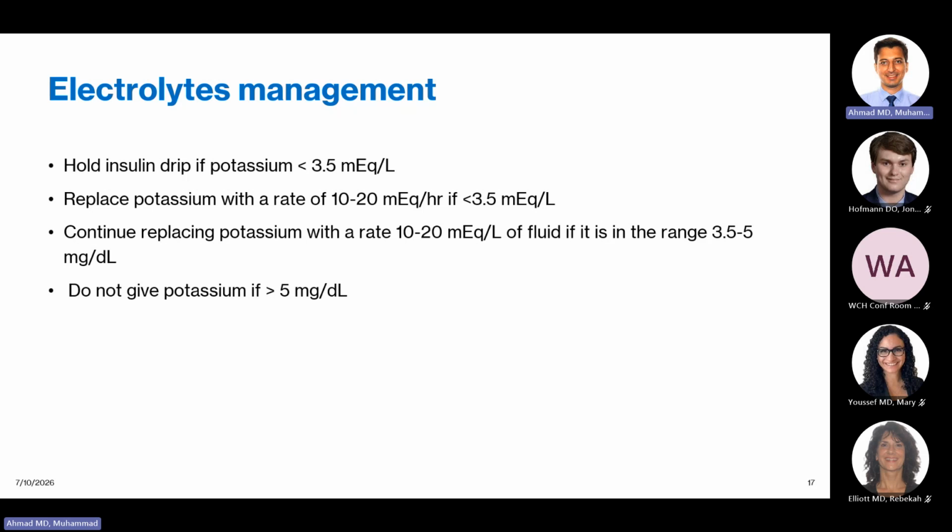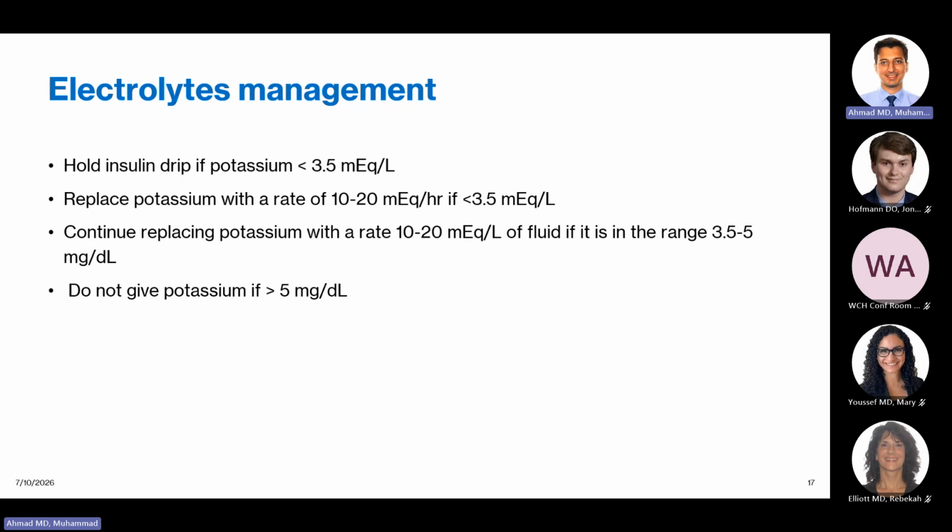We have to hold the insulin drip when potassium is less than 3.5. The reason is that insulin drives potassium from extracellular to intracellular. When we give so much insulin to decrease ketone production in the body, the potassium gets low, because there is more movement of potassium from the extracellular to the intracellular space.